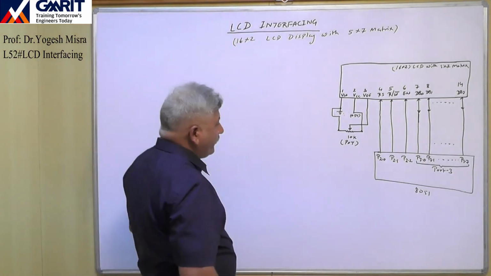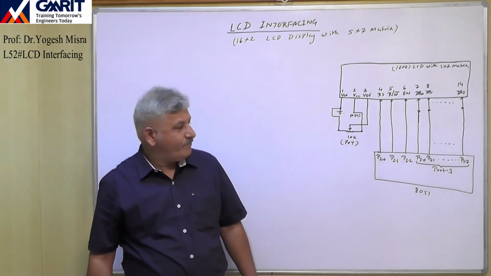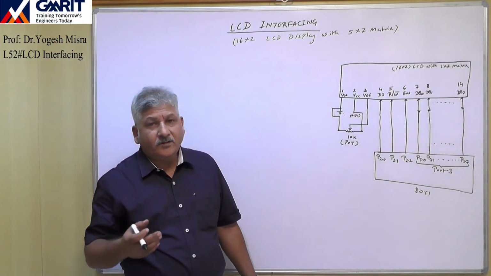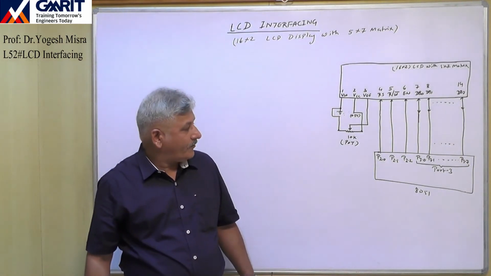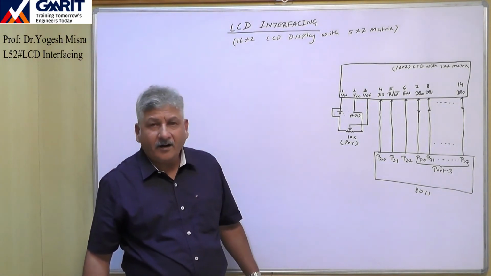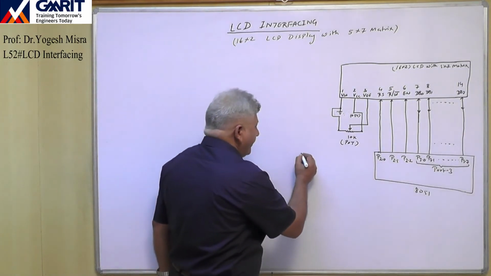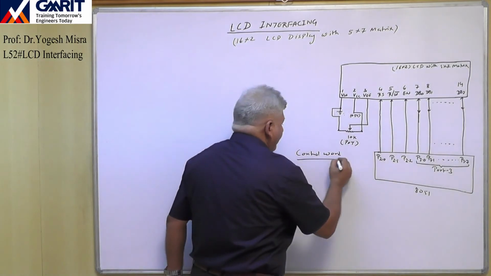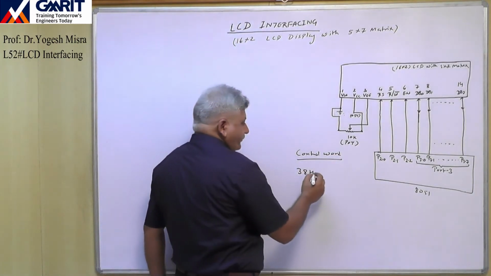Now in the books you can find various control words which have specific meanings. A few control words which are normally used to display our string are these. One control word is 38H.